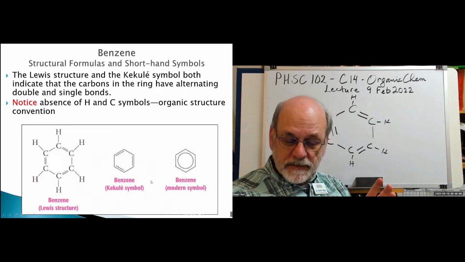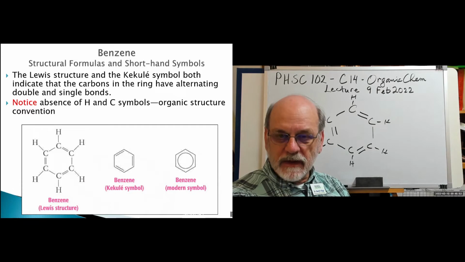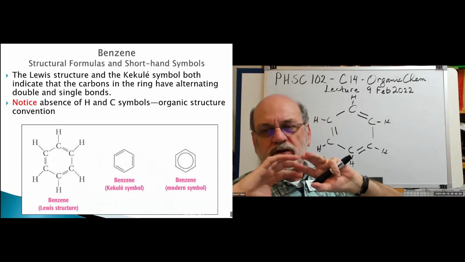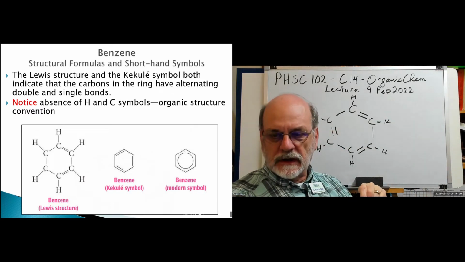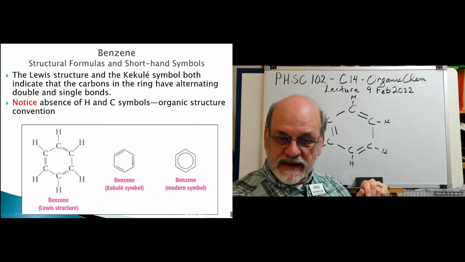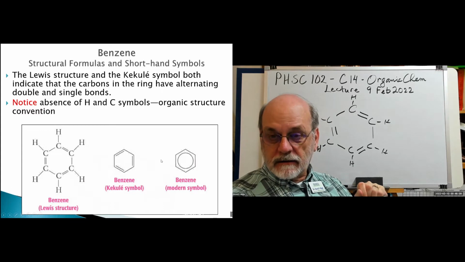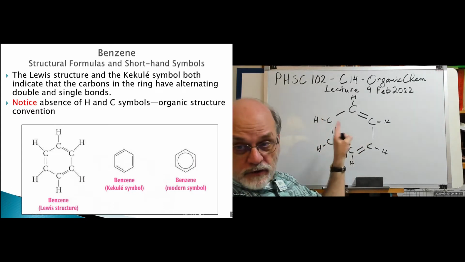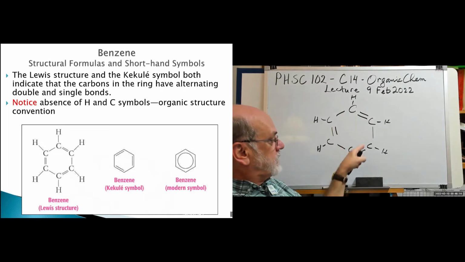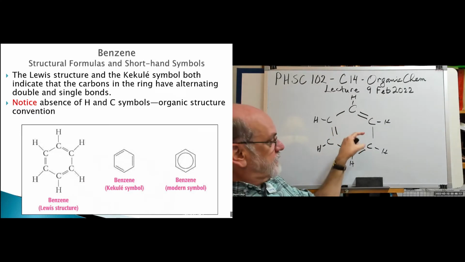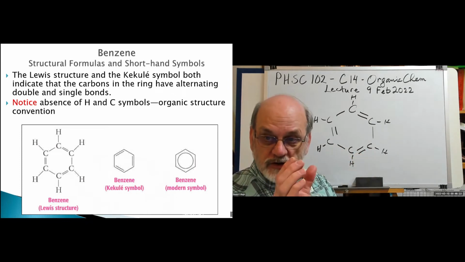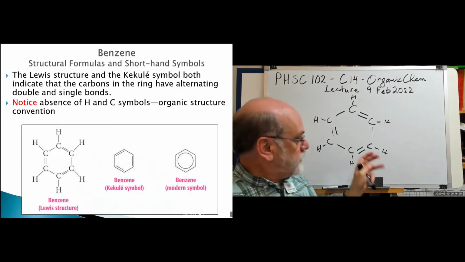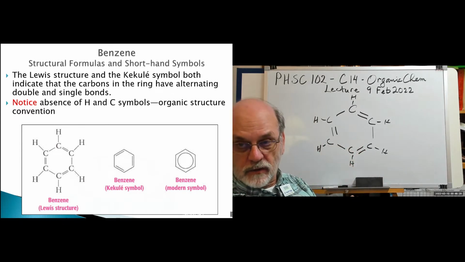Now we know that these aromatic compounds have a way of sharing electrons. They sort of smear the electrons out over the entire structure. And rather than these individual double bonds, we represent that with a circle. The reason for that is, if this were true, single, double, single, double, single, double, then this bond would be different from that one. In fact, double bonds are stronger and shorter. So that would be kind of a lopsided molecule.